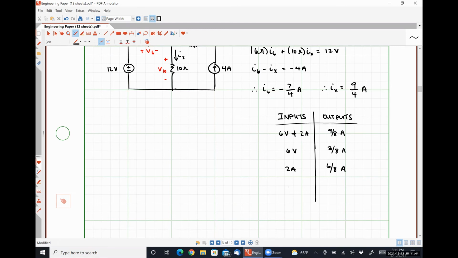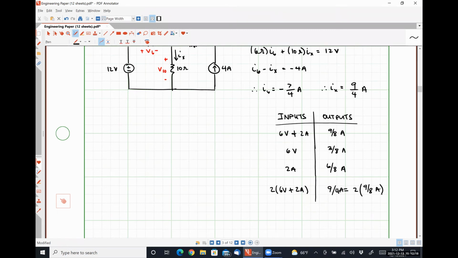So when we put in twice 6 volts plus 2 amps, our output was 9/4, which is exactly twice 9/8. So this system obviously obeys the scaling property as well, because it satisfied the relationship.